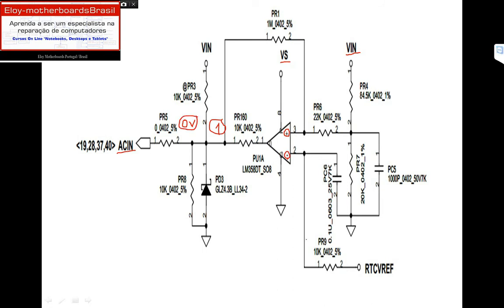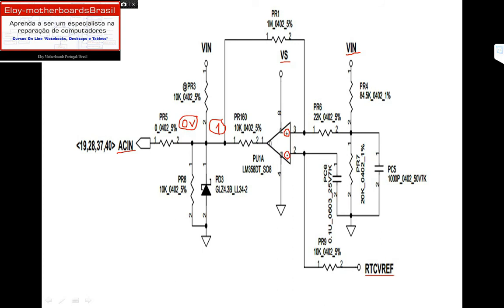Here we have the RTC, real-time clock, voltage reference. This one is 3 volts from the CMOS battery, this 3.3 volts. When there's no VIN voltage, remember that this AC in informs the computer that the DC jack is inserted.